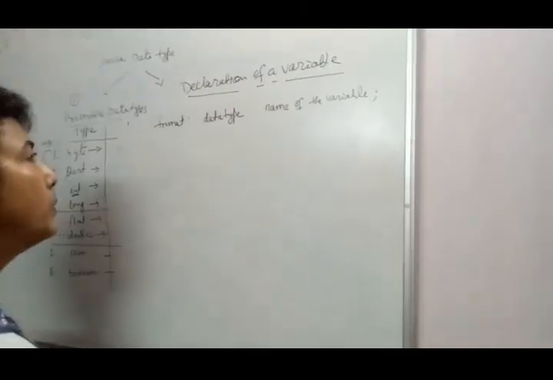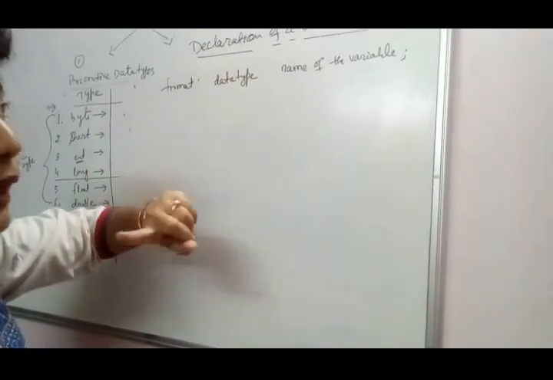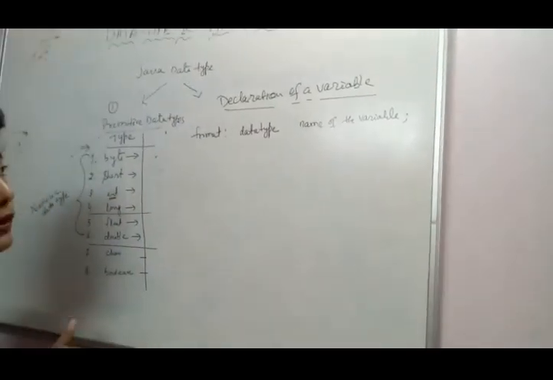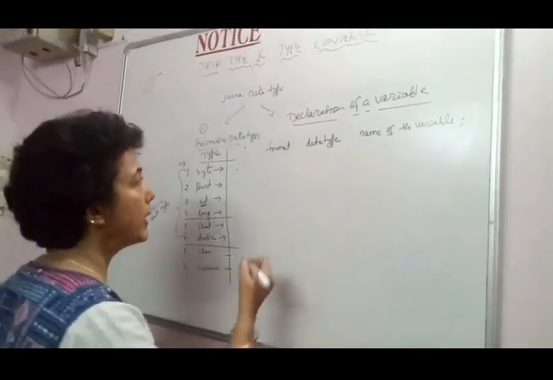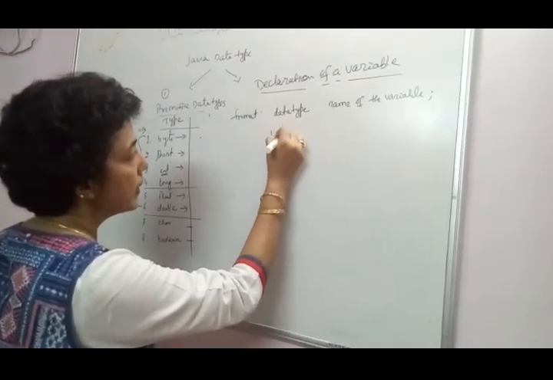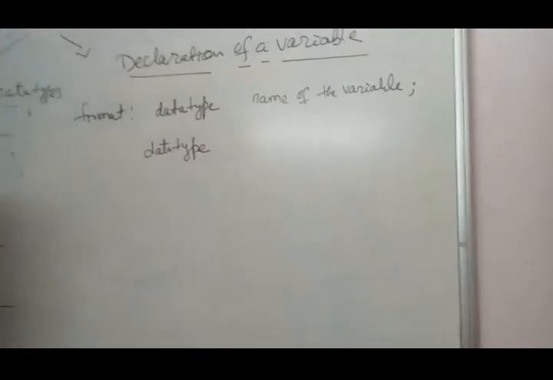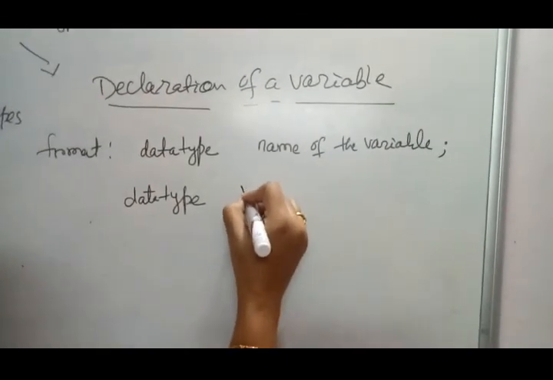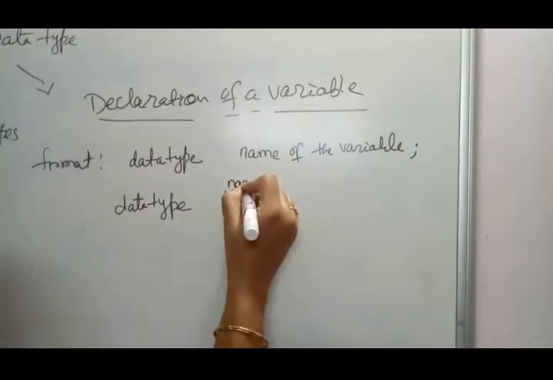This format is applicable for a single variable of a particular data type. At times we need to declare a number of variables belonging to a similar data type. Then the format will be like this: data type, and if more than one variable belongs to the same data type, you go on writing the name of each variable.